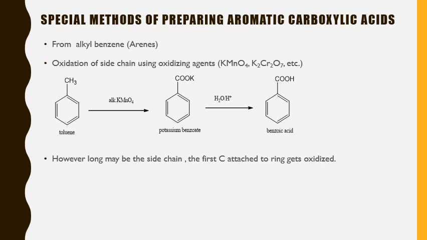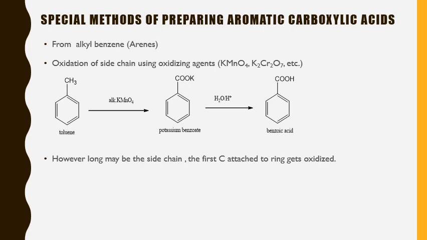So the oxidation of the side chain of arene uses an oxidizing agent such as potassium permanganate KMnO4 or potassium dichromate K2Cr2O7 or any other oxidizing agent, maybe concentrated HNO3 or whatever it may be. There are many types of oxidizing agents which we will learn later.